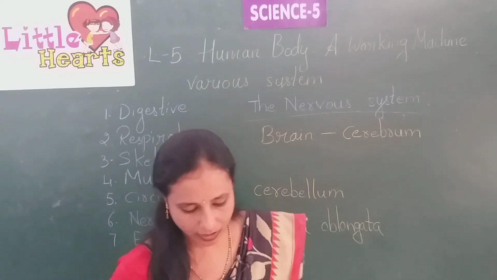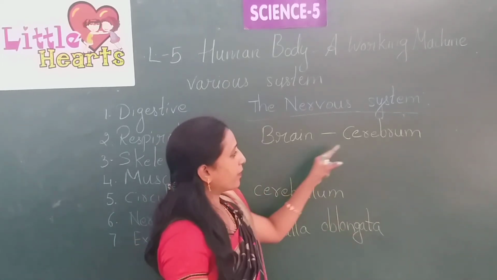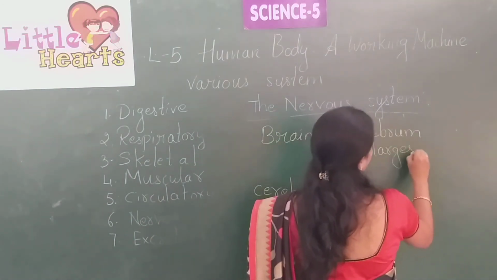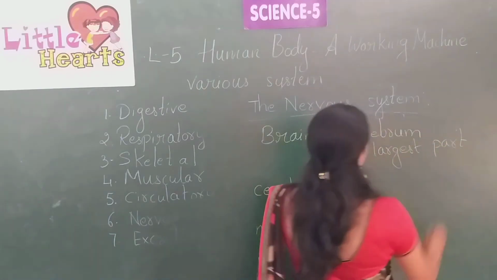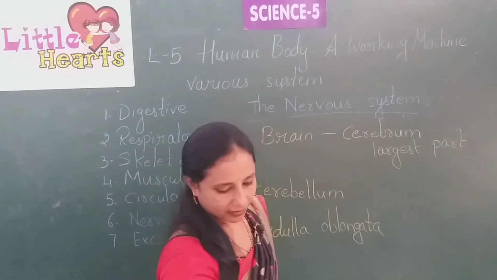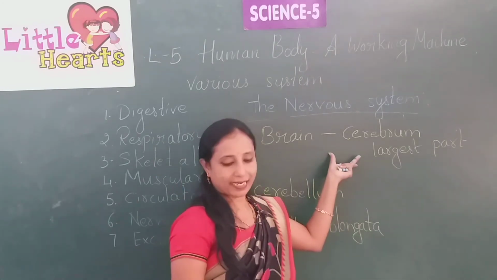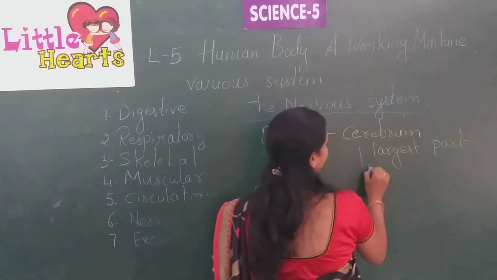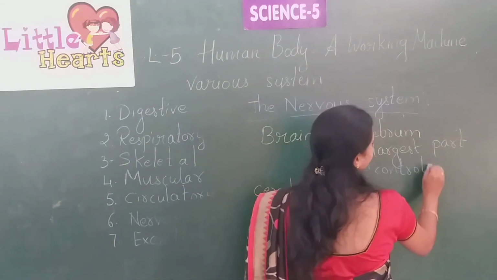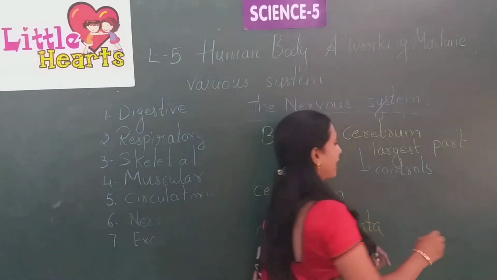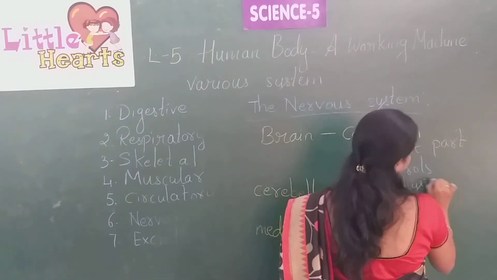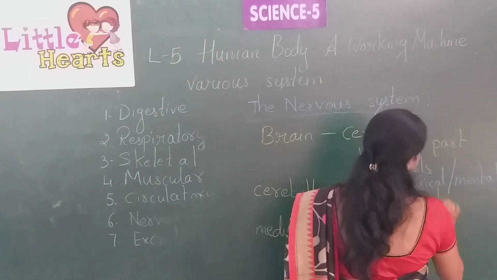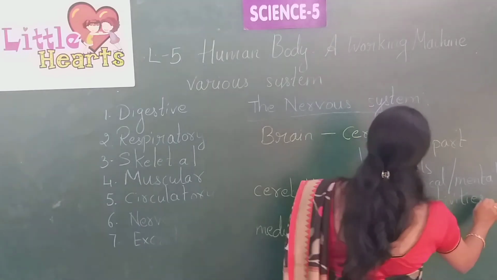First we will discuss the cerebrum. Okay, cerebrum is the largest part of the brain. It controls the physical activities and many mental activities in our body.